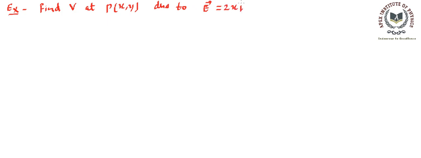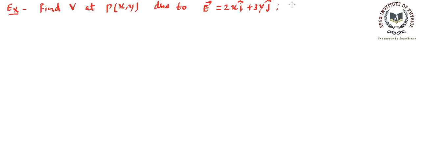Let's take an example in which the electric field is given in the form of a Cartesian coordinate system. It says: find the potential at any point P which has general coordinates x, y, due to the existing electric field, which is 2x i cap plus 3y j cap in SI units.